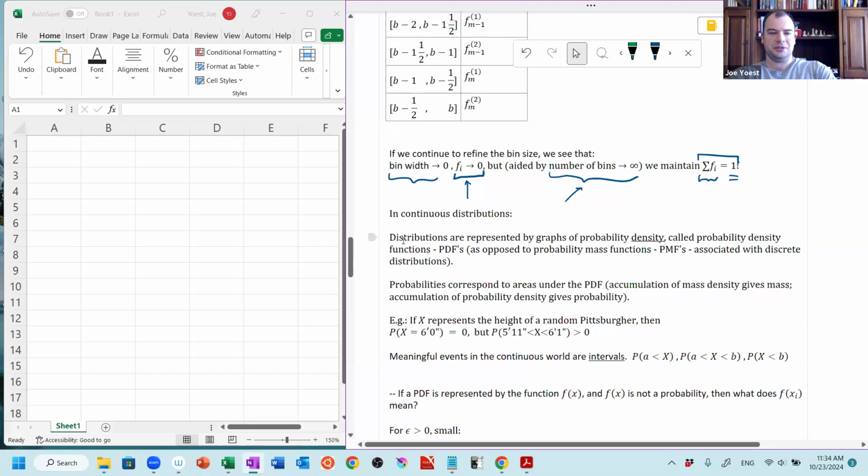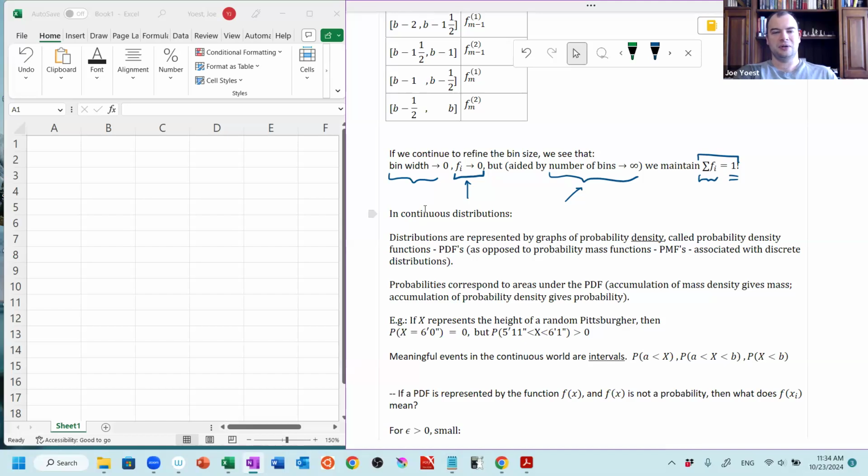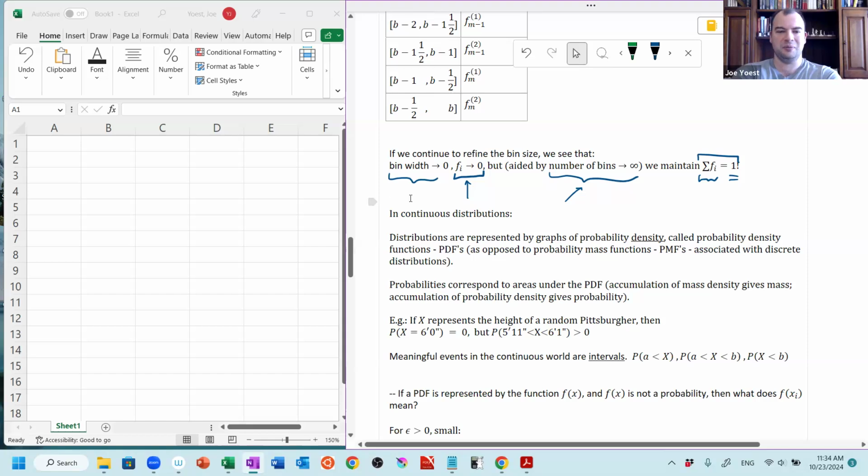So in continuous distributions, we have a little bit of an issue because we have infinitely many bins, each of which is infinitesimally wide, and in some sense, each of which contains no outcomes, even though if we add across all the bins, we get all of the outcomes. These kinds of paradoxes are things that the Greek mathematicians and philosophers used to be really worried about, like Zeno's paradox, interesting things to read up on.